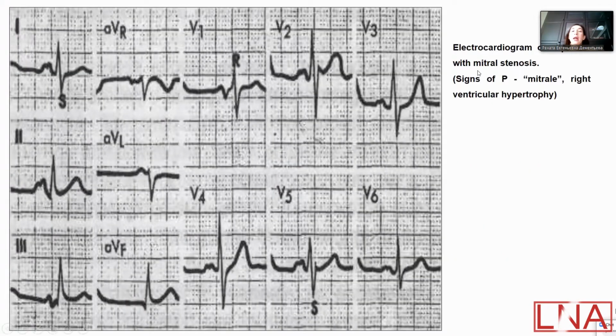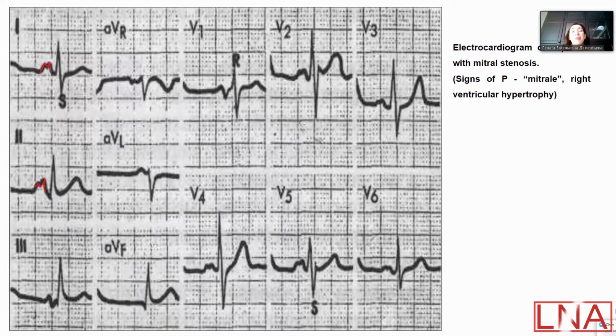About ECG. On the electrocardiogram of a patient with mitral stenosis, you can assess the sign of P mitrale, and look, it's a two-pointed top. Yes, two P waves, a small one and the next one, P mitrale, and right ventricular hypertrophy.